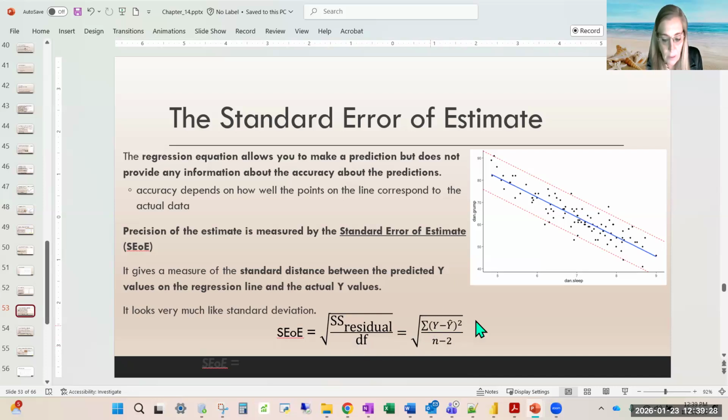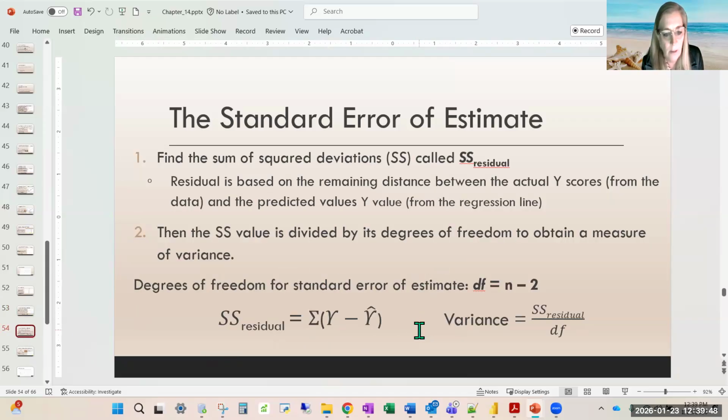And you can see here how we calculate for standard error of estimate. And we've already calculated these values, the y and y hat. So it would be very easy for us to make this calculation with the data we've already evaluated. All right, so then find the sum of squared deviations, sum of squares, called SS residual.